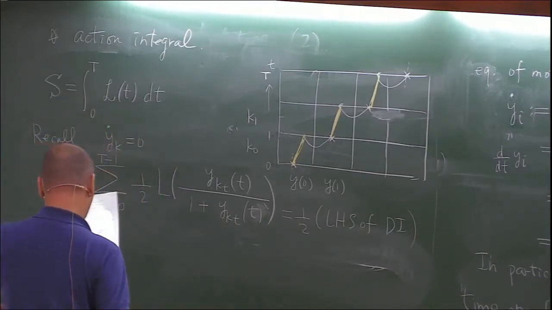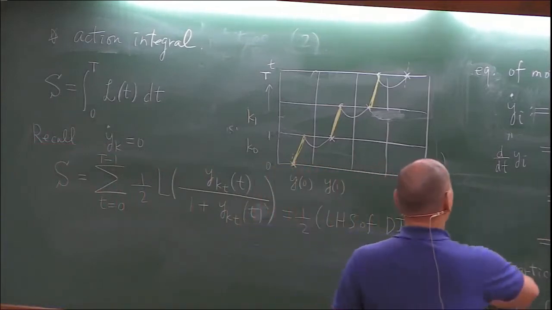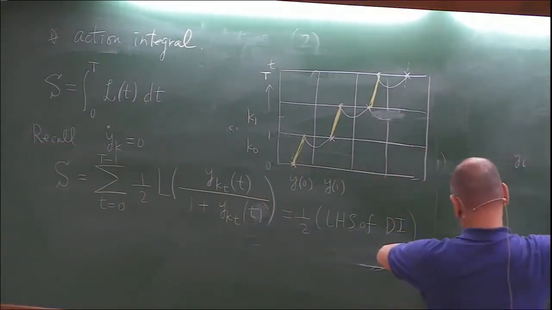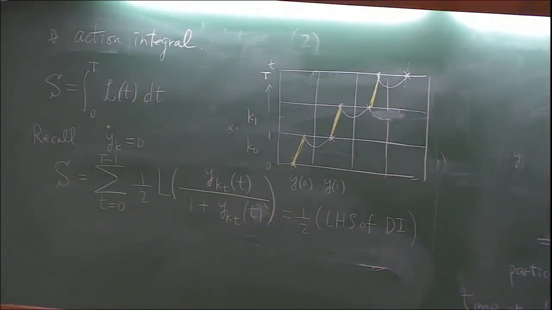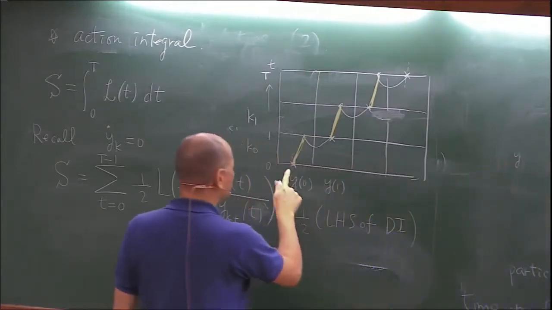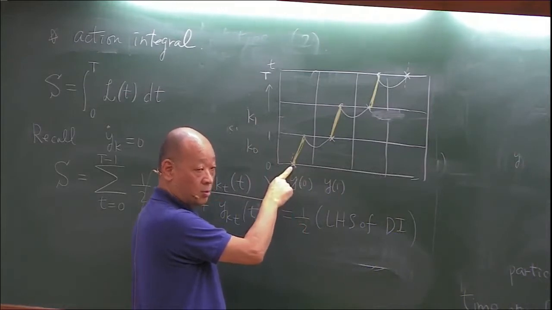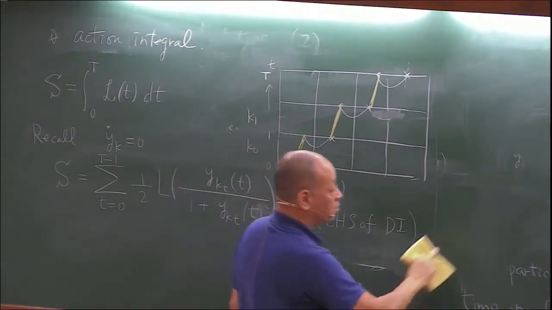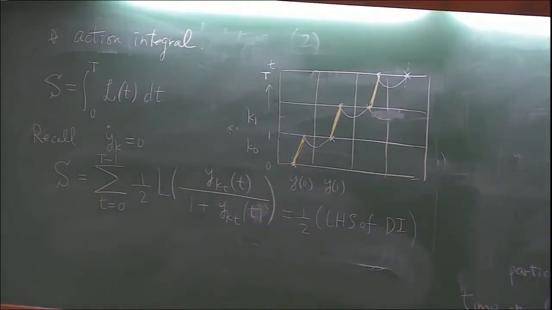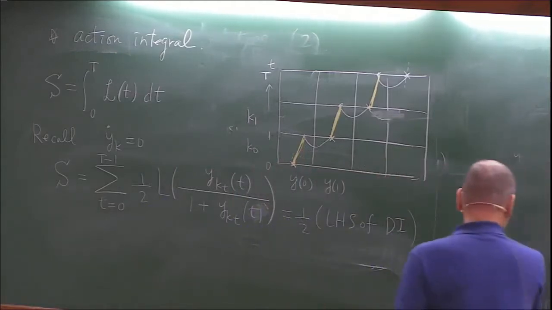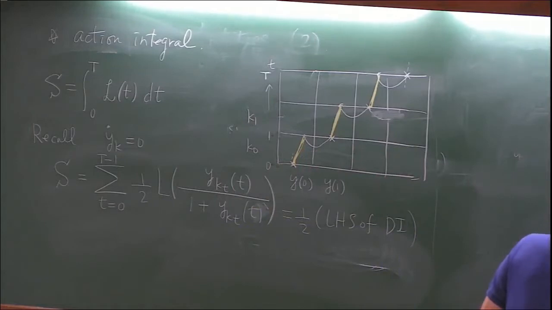Okay, now to go to the last point, I want to say that this does not depend on the choice of your initial value. That is the dilogarithm identity. So we are almost done, and what remains to show is the following claim.